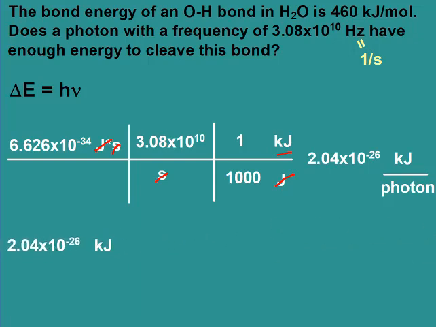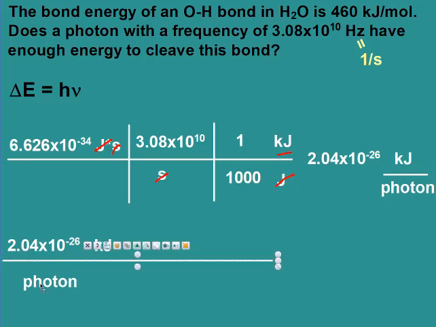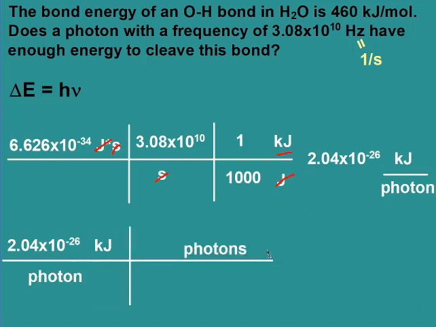So we're going to start with our answer, which was 2.04 times 10 to the negative 26 kilojoules per photon. The only thing I need to get rid of is photon and convert it to mole. So photon is on bottom, so I need photons on top, and I'm trying to get to moles. Well, I know that 1 mole is always equal to so many particles.